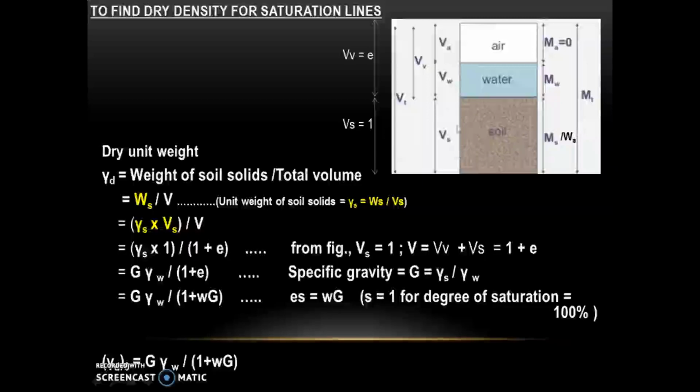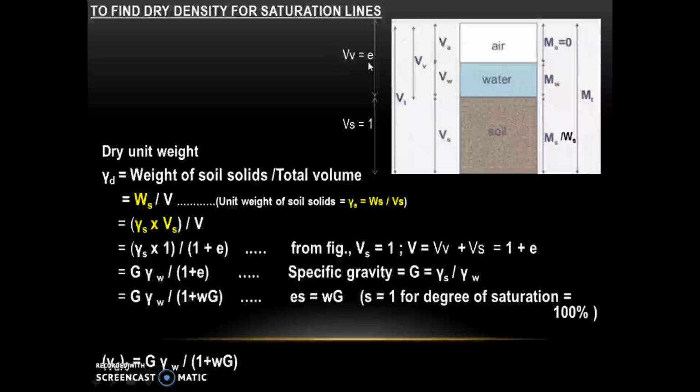Volume of soil sample is Vs, volume of water is Vw and volume of air is Va. Volume of air plus volume of water is equal to volume of voids. And volume of voids plus volume of solids will give us the total volume of the soil sample, which is represented as Vt or V.